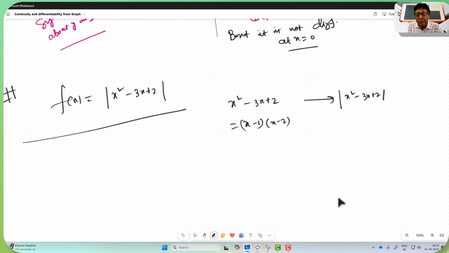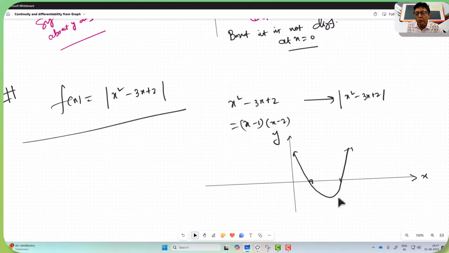So this function will intersect the x-axis at 2 points, that is x equal to 1, x equal to 2, and the y-axis at (0, 2). So the graph of the function is going to be like this, almost. It continues both ways. The coordinate of this point is (1, 0), and this is (2, 0).